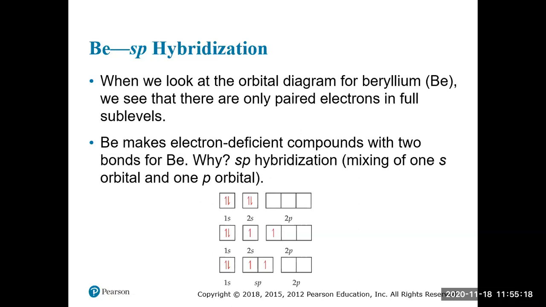In other words, we mix one s orbital and one p orbital. That's represented in the second one, where instead of two electrons in 1s and two electrons in 2s, it looks more like two electrons in 1s, one electron in 2s, and one electron in 2p.